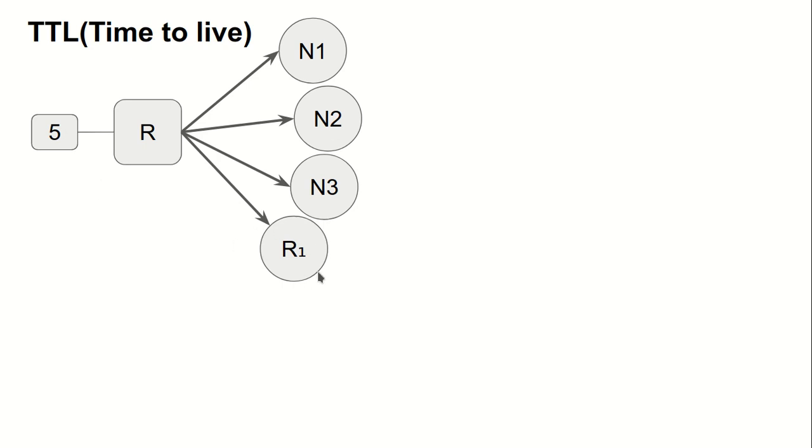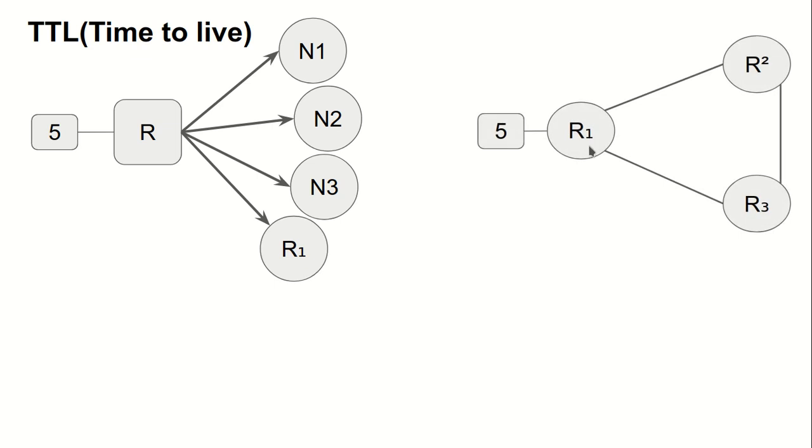Let's take another example. As you can see, I have a router 1, router 2 and router 3. Packet 5 is trying to access router 1. Now router 1 is not accepting this packet 5 because it is only connected to, let's say, network 1, 2 or 3. It does not belong to this router.